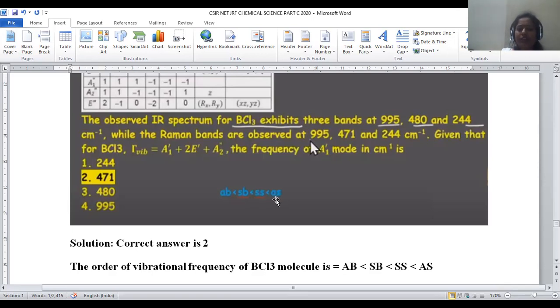From this data, it is clear that the 995 peak corresponds to asymmetric stretching. Then the 244 peak corresponds to asymmetric bending, right? So the A1 dash mode of vibration we need to predict lies at either 480 or 471. Symmetric bending or symmetric stretching, so these two are to be predicted.